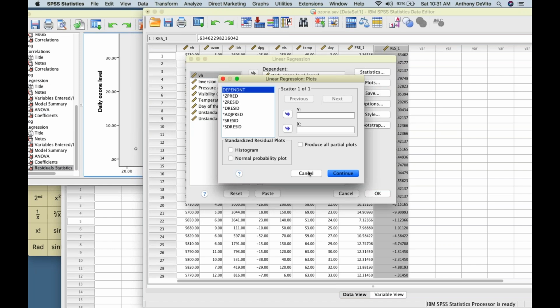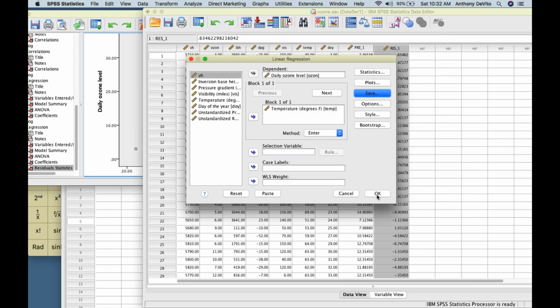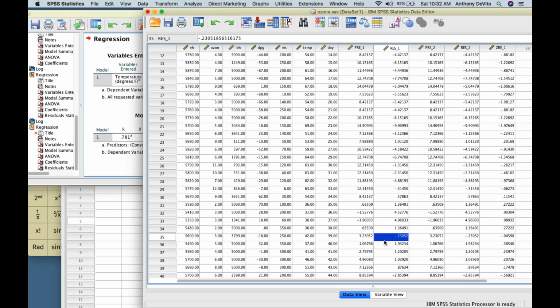Remember before, one of the options we looked at was to plot the predicted values from our formula and give us another column with the unstandardized values. Instead of that, you could ask it to plot the standardized values, in other words, to give you the z-scores for each one of the values that you predicted.